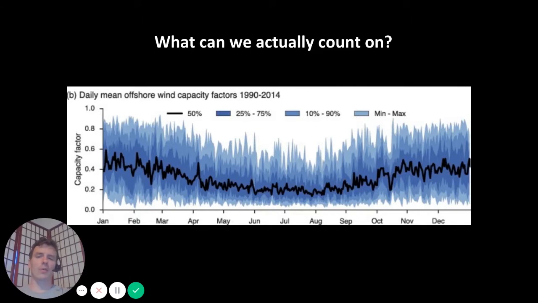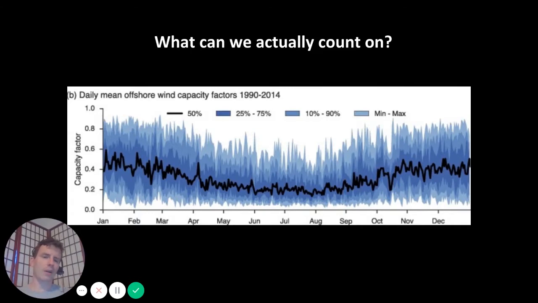On the y-axis here, you have capacity factor, which is essentially a measure of the percentage of the installed capacity of a wind farm that's actually being used to produce electricity. So 1 would mean that a 500 megawatt wind farm is producing 500 megawatts, and 0 would mean that it's producing 0.